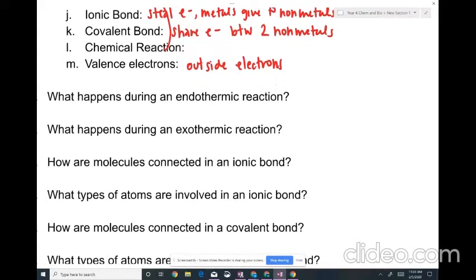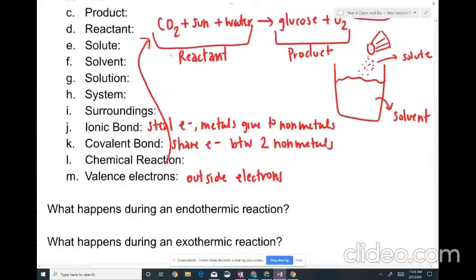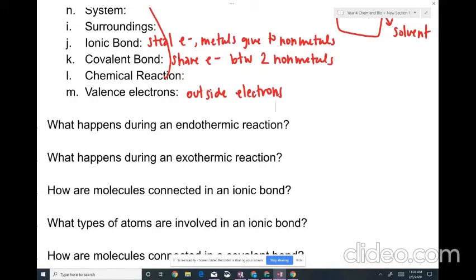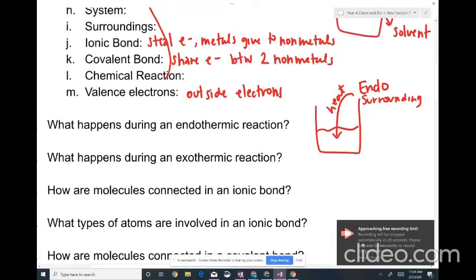Endothermic, exothermic, I already shared what happens with that. So if we look out here, we have to think about where the heat is going. So in endo, we bring heat in, so this is going to be our heat. The heat goes from the surroundings to the system.